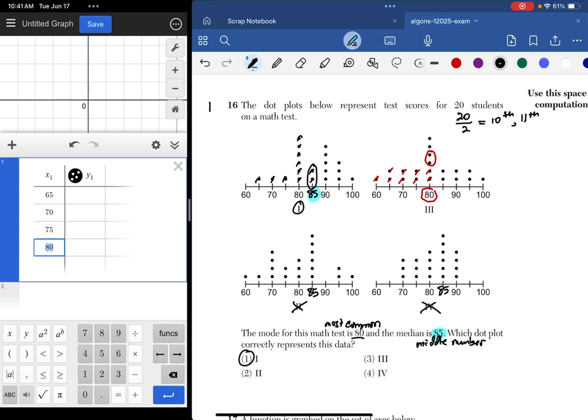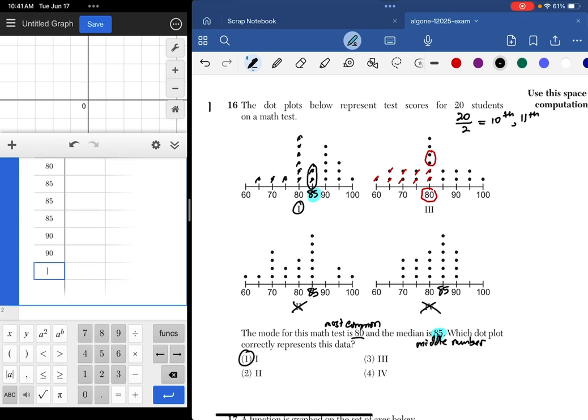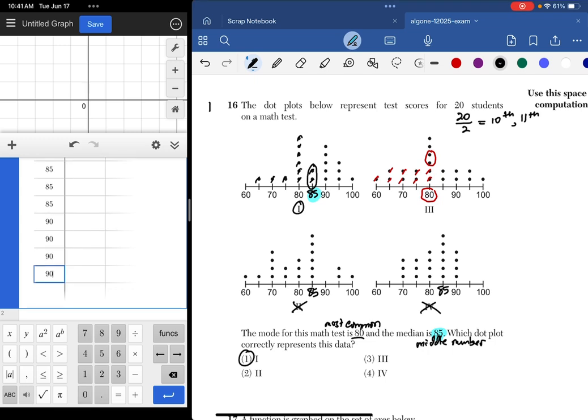We have 6 80s, 1, 2, 3, 4, 5, 6, 3 85s, 5 90s, 3 95s, and 1 100.